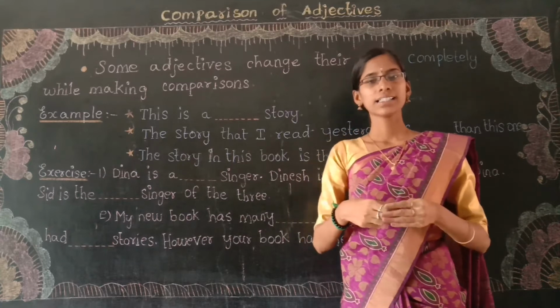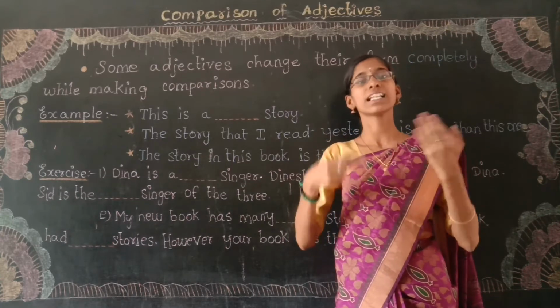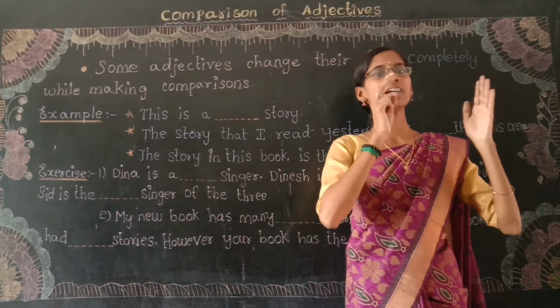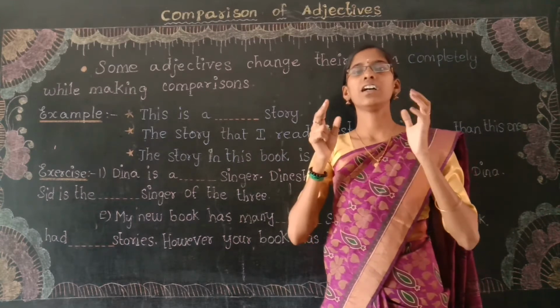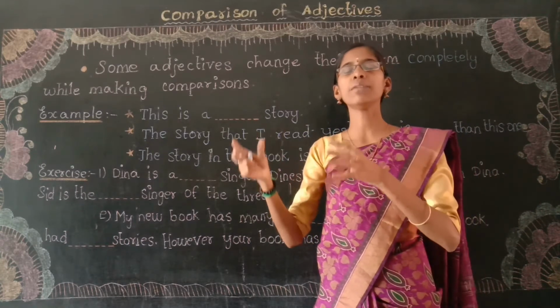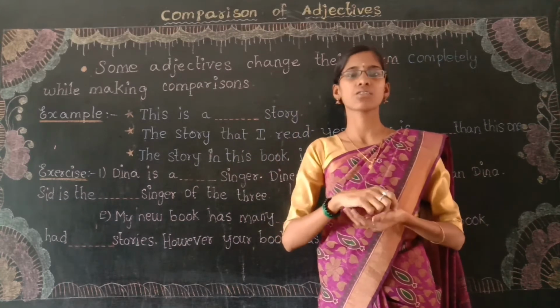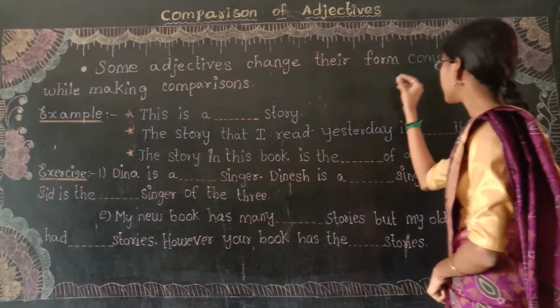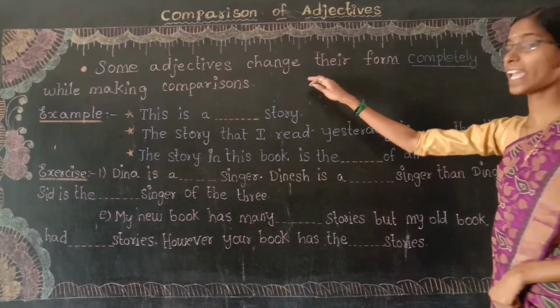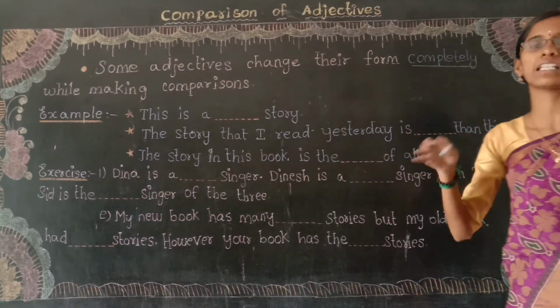But here the adjective words totally change from the positive to the form comparing two things or more than two things. So they totally change. Okay? So what they have said, they change their form completely.